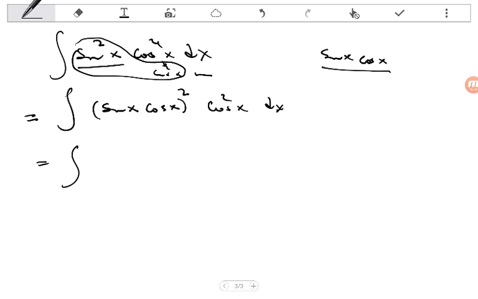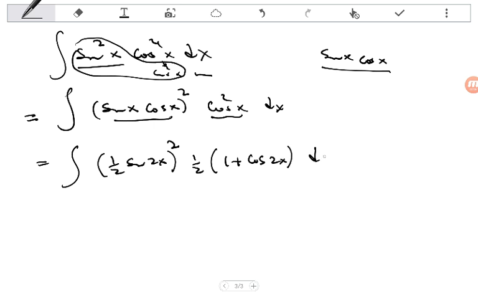Now sine x multiplied by cosine x is half sine double the angle all squared, and this will be half 1 plus cosine double the angle, which will be cosine 2x. This will be 1 over 4, and I'll take the half out of the integral. What will be here? Sine squared 2x multiplied by 1 plus cosine 2x.